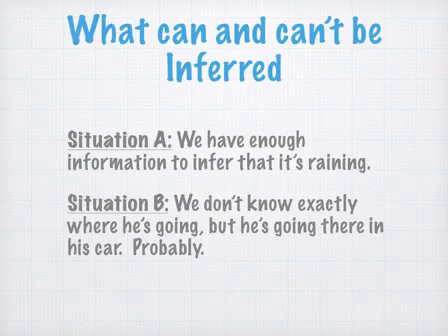We know that he's going there in his car because he's got his car keys, so the first place he's going is his car. We don't know what his final destination will be. Probably he's going to use his car, but he could have just picked up his car keys because he's been looking for them. We don't have enough information in this situation to make a logical conclusion about what the final destination is going to be.